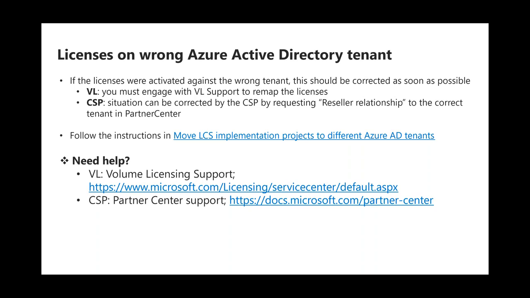If you've already done that on the wrong tenant, we would want you to repeat it on the right tenant just to make sure that everything still works as you saw it before. And again, if you need further help there, reach out to volume licensing and partner center support if it's about the mapping of the licenses on those tenants. And for anything else, at that stage, you can reach out to the Fast Track team as well, or to product support to help you with this.